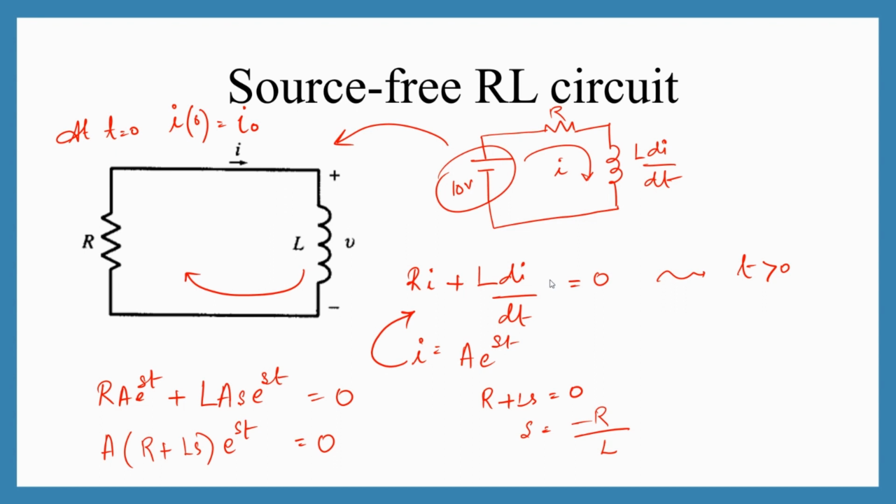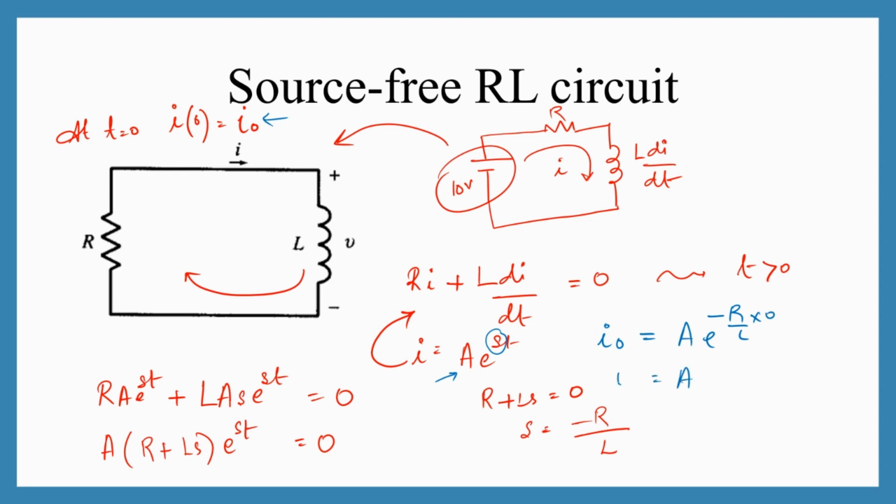So in the expression I equal to A e power st, we have been able to find the value of S. Now we need to find out what A is, so that we can find the expression for the current flowing through a source free RL circuit. We are going to use the initial condition that I of 0 is equal to I naught. So when t is equal to 0, I is going to be I naught, and A e power minus R by L times 0. So e power 0 is nothing but 1.